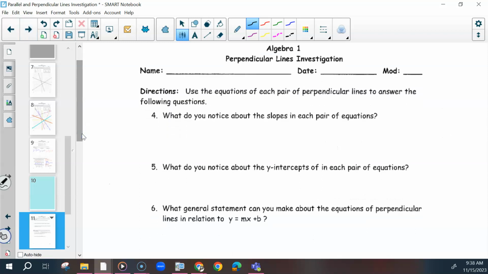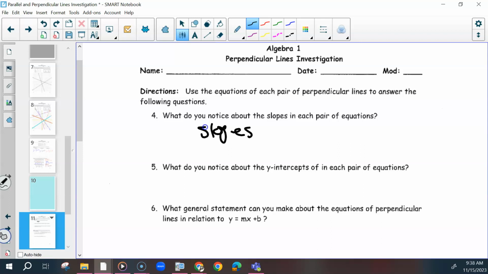They flipped, sure. The slopes flipped, and they were either positive or negative, vice versa. Each had a positive and a negative.